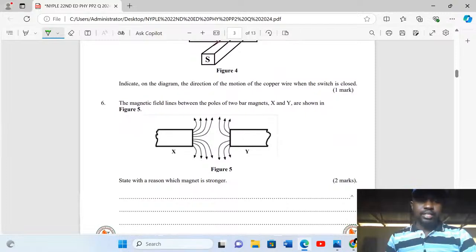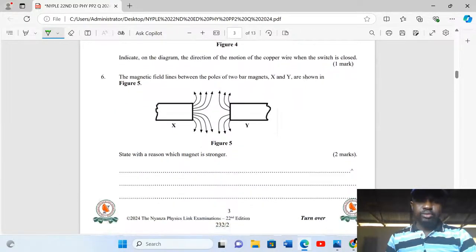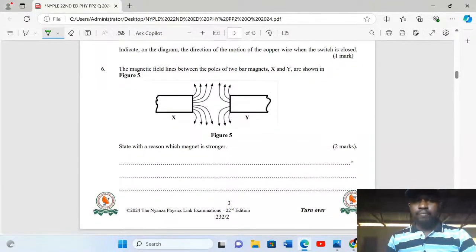The magnetic field lines between the poles of two bar magnets X and Y are as shown. You are told to state with reason which magnet is stronger than the other. The first thing to consider is the concentration of the field lines. If concentration is not considered, then you consider where the neutral point is placed.